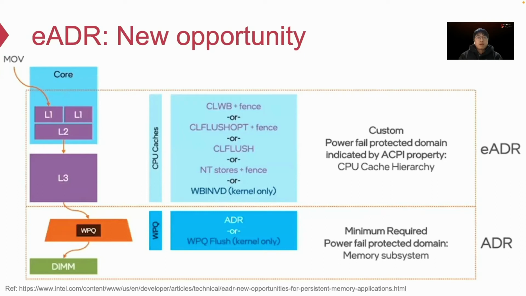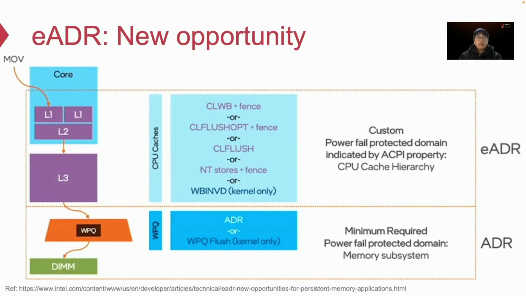Recently, Intel proposed its second generation Optane persistent memory products, which in cooperation with the new Xeon platforms enable the enhanced asynchronous DRAM refresh technique, that is eADR, that embraces the CPU cache in the domain of persistence in case of crashes.